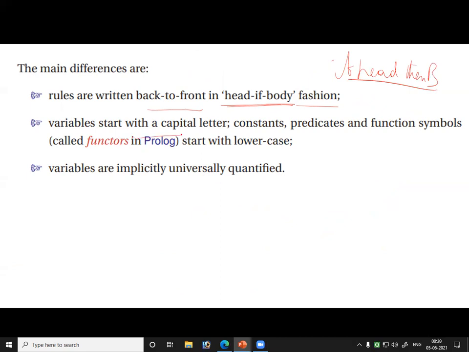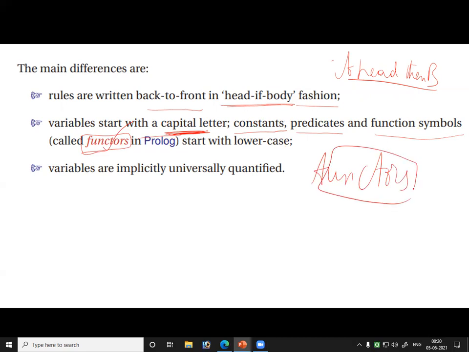Variables start with a capital letter, and so do constants and predicates, whereas function symbols are called functors. Functors, not functions, my dear friends. F-U-N-C-T-O-R-S. Functors. Don't get confused.